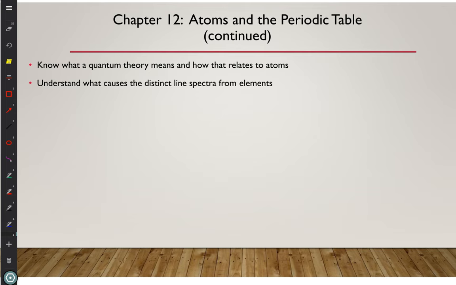So we started with the atomic model that just said you cut things up, and Democritus said eventually you're going to get to the smallest piece, and you can't cut into anything smaller. But then we had the realization that electrons were in material, and so the theory of the plum pudding model, positive charge everywhere with little electrons. Then the experiment with the gold foil showed that you have a very massive piece of positive charge.